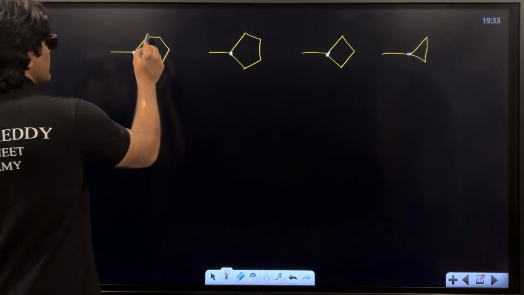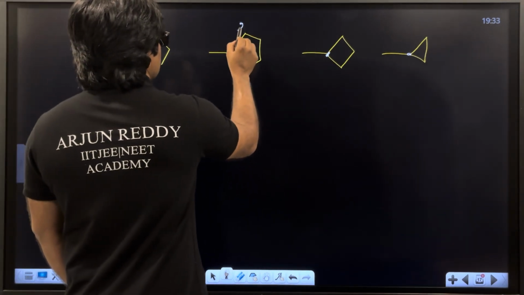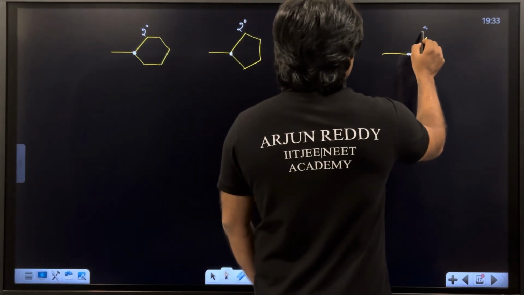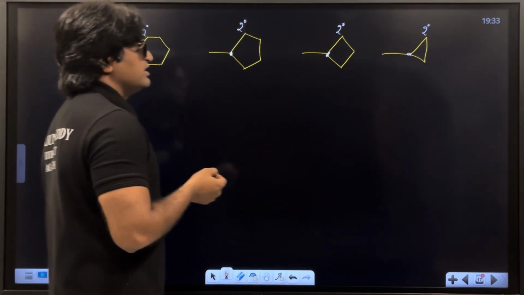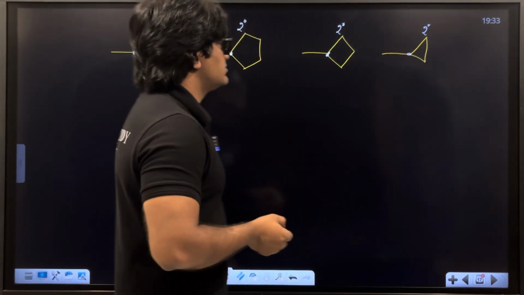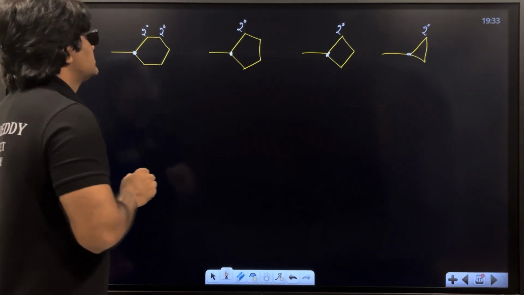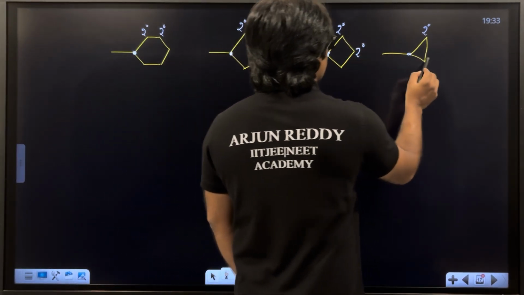Now in this one, what is the degree of this carbon atom? 2 degree. Next one here also 2 degree. Next one 2 degree. Next one here also 2 degree. There is no point of difference, because all are 2 degree carbon atoms. Next, go for another carbon atom for getting the first point of difference. 2 degree. Here also 2 degree. 2 degree carbon atom again.